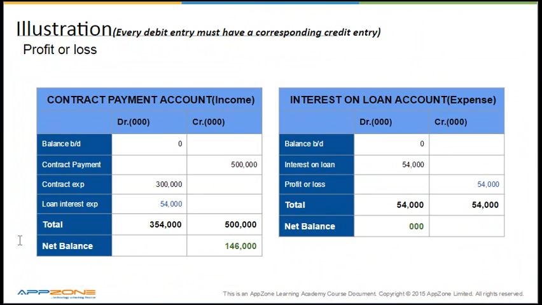Having done this, we will be left with a net balance of 146 million. Seeing that there is no other expense being incurred along this line, we can confidently say that we were quite profitable, having made a profit of 146 million naira in just one contract that we have executed as Zontech.